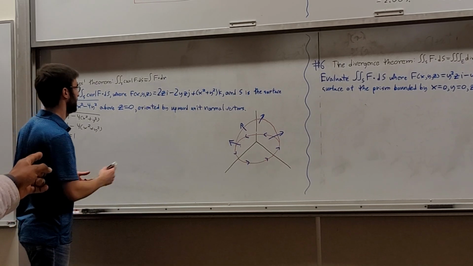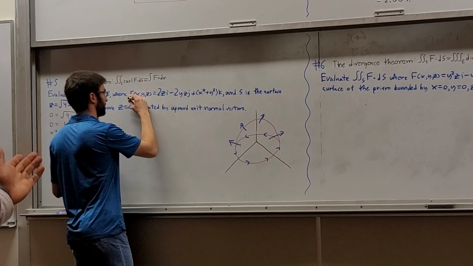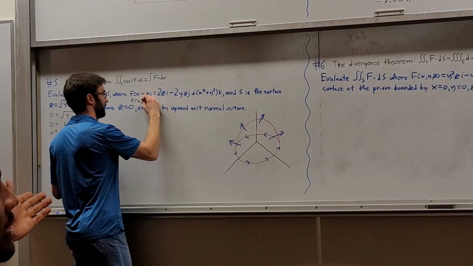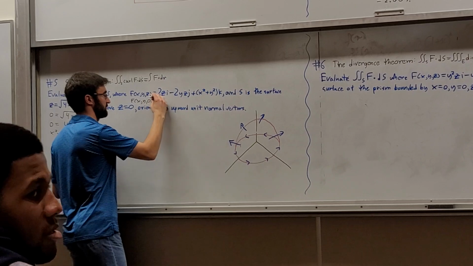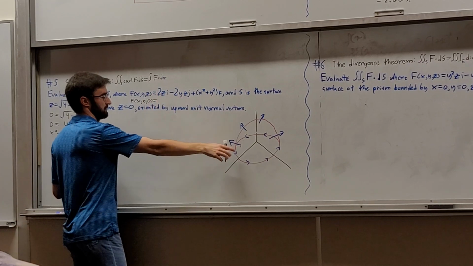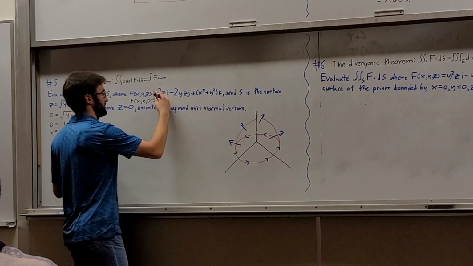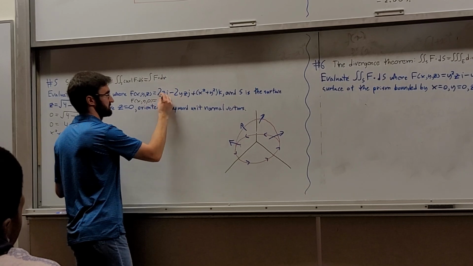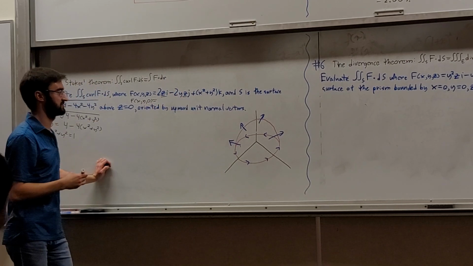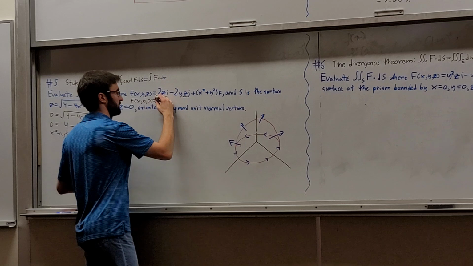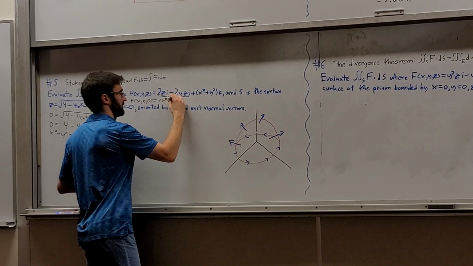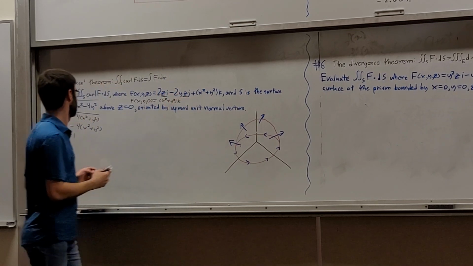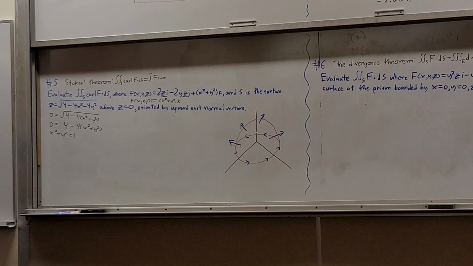Since we're evaluating this vector field just along that circle, which is at z equals 0, the i and j components are 0, and the k component is r squared. But our parameterization has no z component, so if you dot the two, you get zero. So it's just zero.